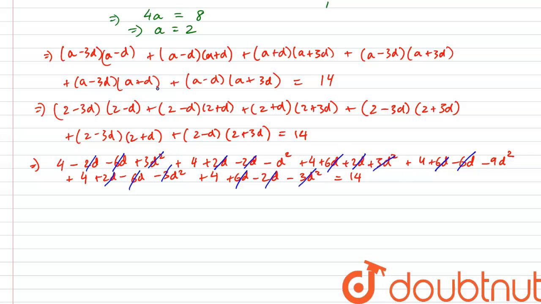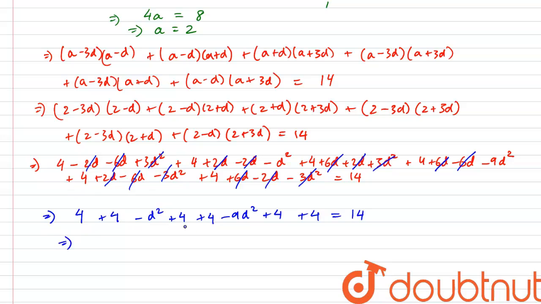So now I think we can write this equation. We would have 4, then what is remaining? 4, and then minus D squared, and then another 4, and then another 4, and then minus 9D squared. And then one more 4, and one more 4, and this is equal to 14. So let us simplify this.